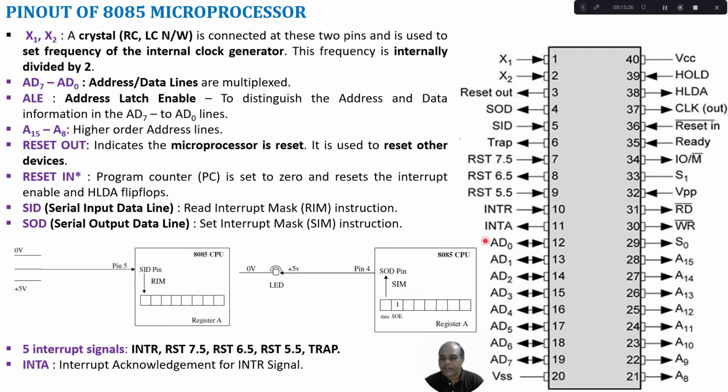Then how to differentiate it? Whether we have an address or data on these pins. That is provided by the ALE pin. So ALE will be used for determining whether I have an address on this line or I have data on this line.